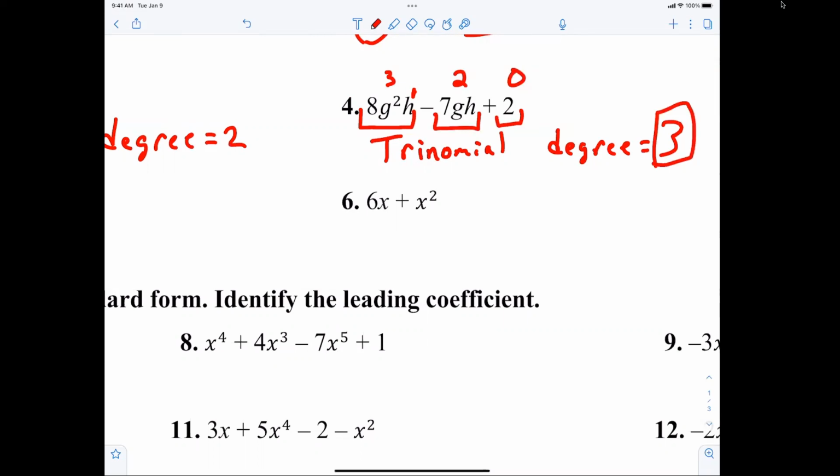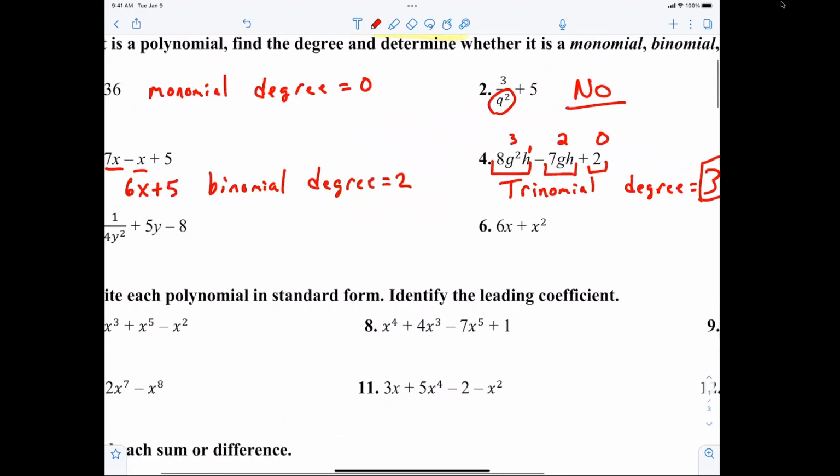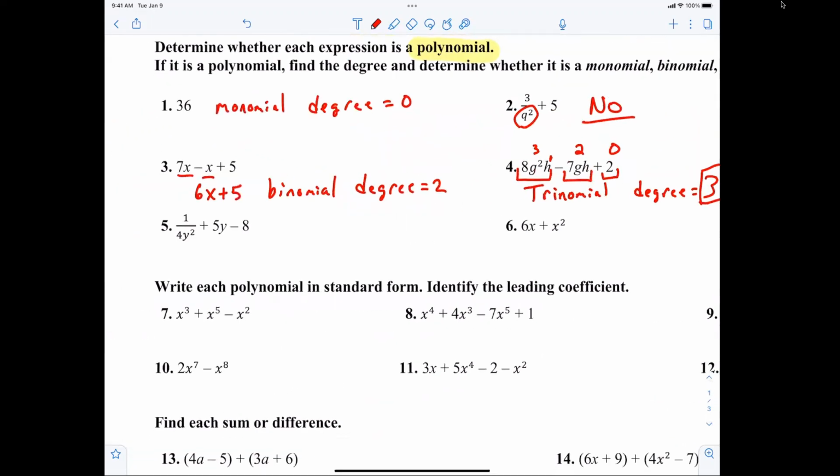Can you go back to number 3 real quick? I'm confused how the degree isn't 1. It is 1. Thank you. It is 1. I don't know why I said 2. It's a constant. There's nothing to be confused about.